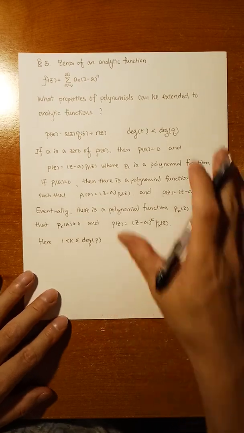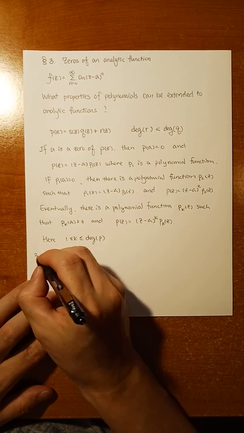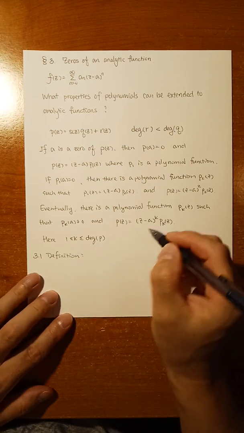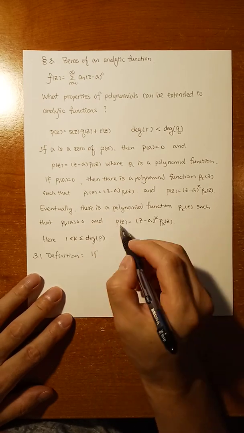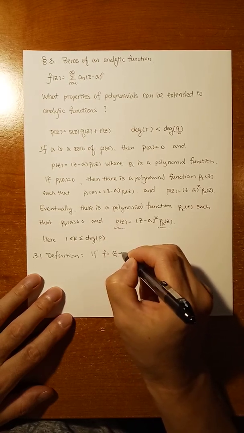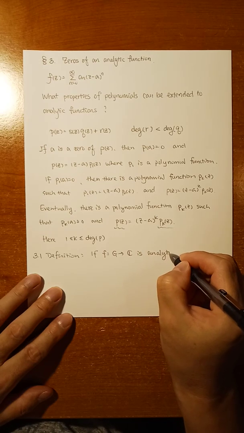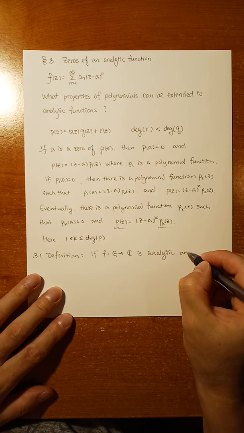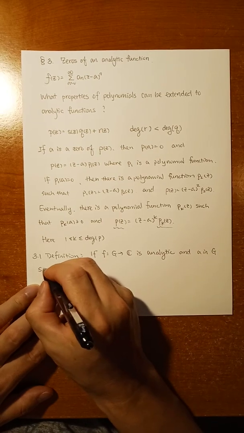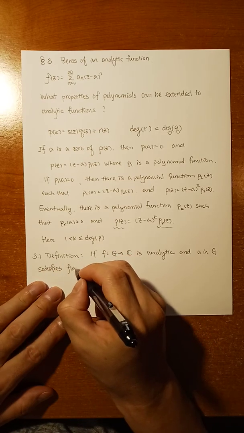Okay, so in order to generalize this, we have the following definition. You see, here is a polynomial, here's another polynomial. If f from G to C is analytic, and A in G satisfies f of A equal to 0.